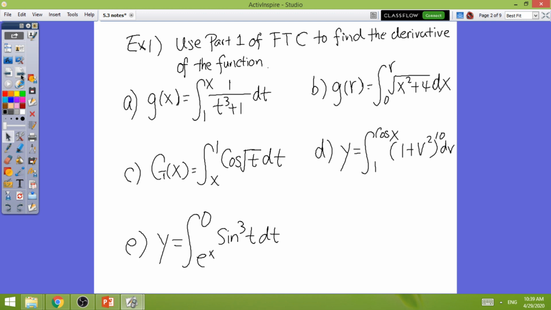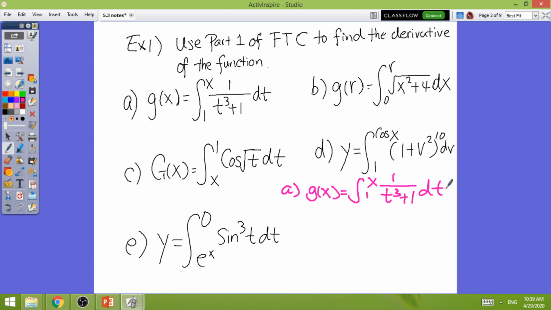Okay, so for A, let me just write it down here since I need more space. For A, we do have g of x equals the integral from 1 to x of 1 over t to the power of 3 plus 1 dt.